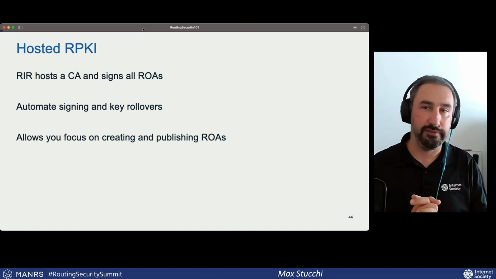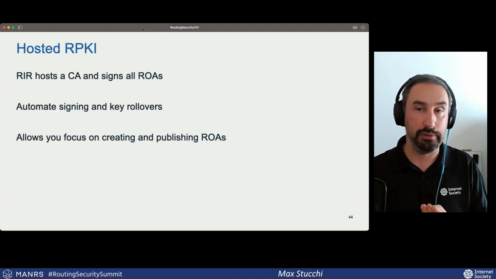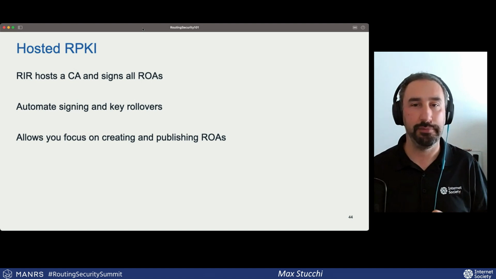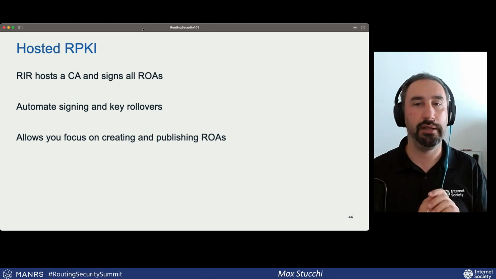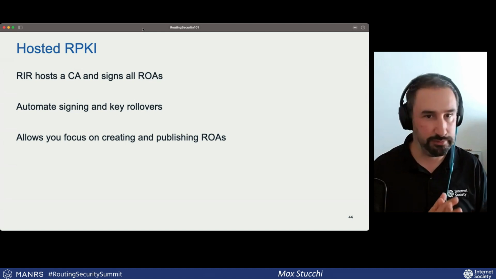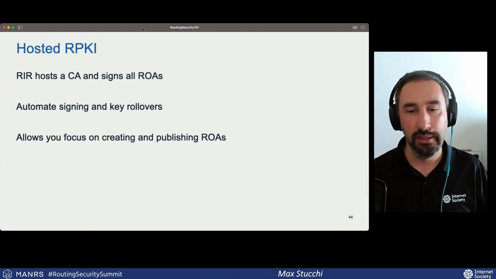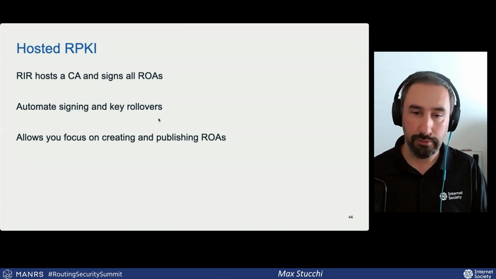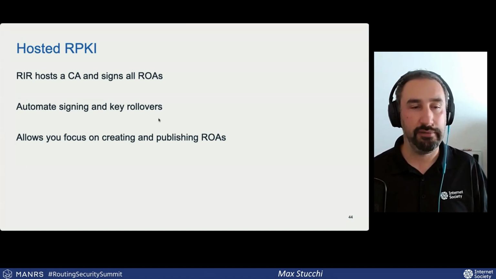Actually, the interface is also very simple, in which it also tells you, okay, we see these BGP announcements from you. Do you want to match all the BGP announcements with ROAs? And if you say yes, then it just creates everything automatically for you. So you can focus just on the ROAs and publication and everything.